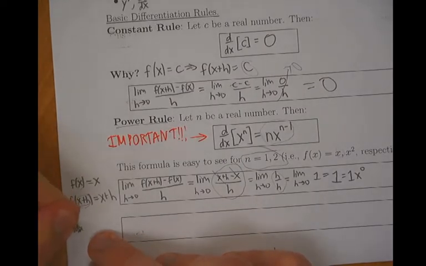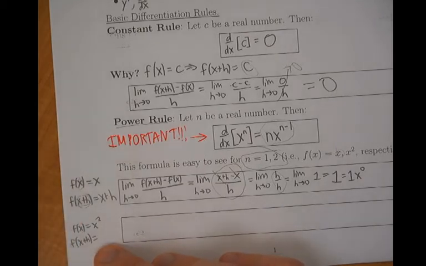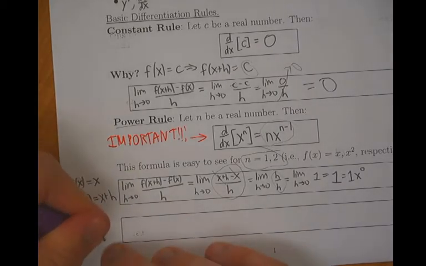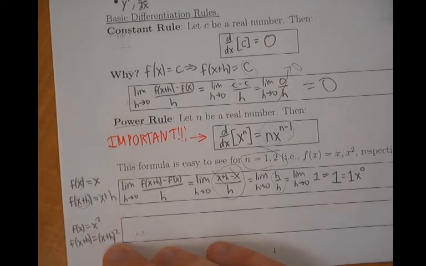So if f of x equals x squared, then f of x plus h would equal what? Go ahead. x plus h quantity squared. Good. All right, so plug that into our difference quotient.